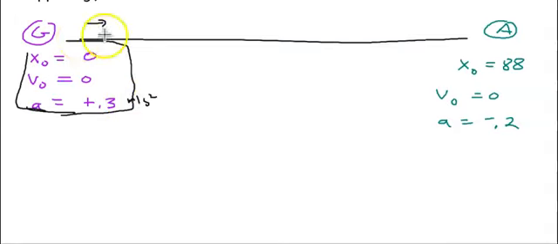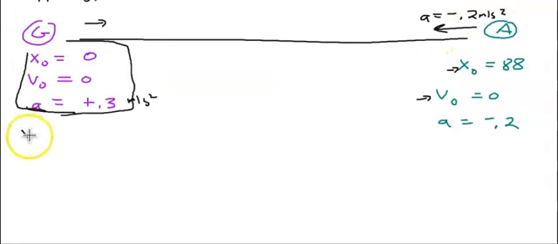And once you decide that one object is at the origin, the other object most likely is not at the origin. So Alfred starts 88 meters to the right, so his initial position is 88, also starts from rest. If he's going to head towards George, he needs to have a negative acceleration, and he's speeding up at 0.2.